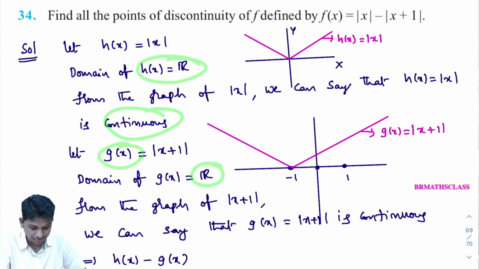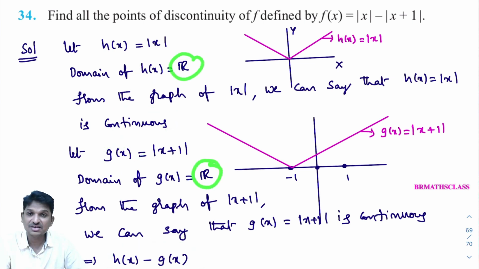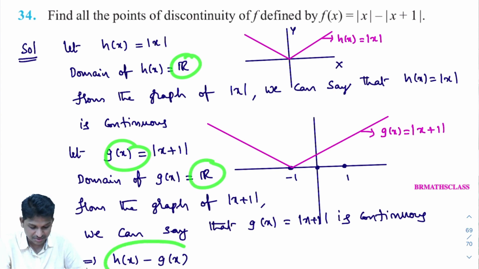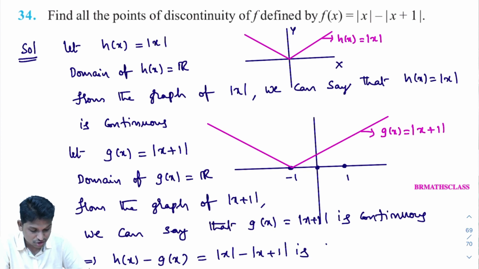The domain of h of x minus g of x is the intersection of these two sets, which is all real numbers. From the theorem we can say that h of x minus g of x is continuous on real numbers. So h of x minus g of x, which is mod x minus modulus of x plus 1, is continuous. What are they asking in the question? Find all points of discontinuity.